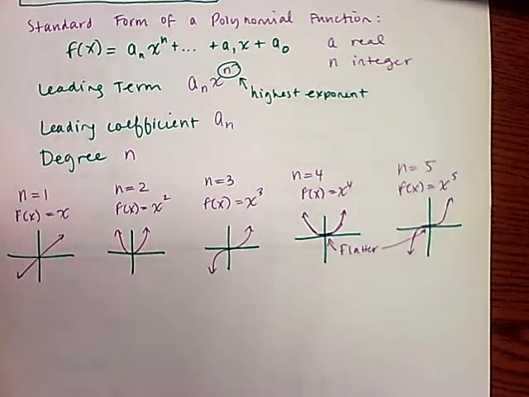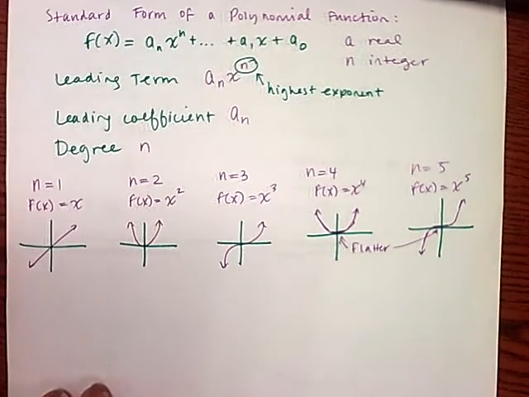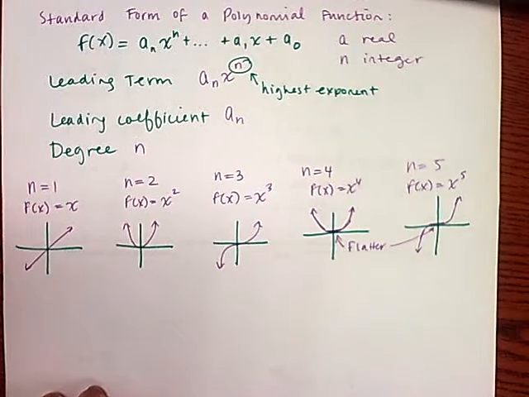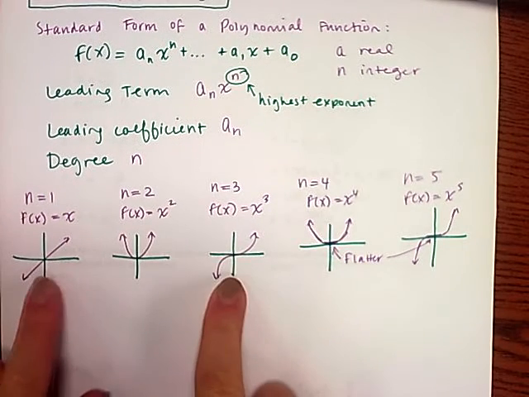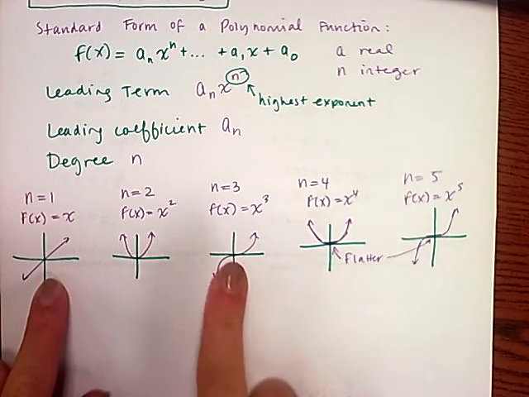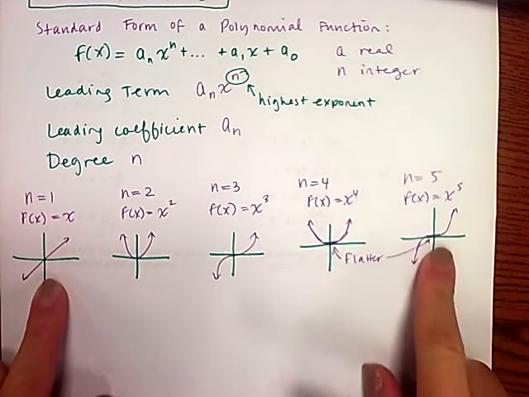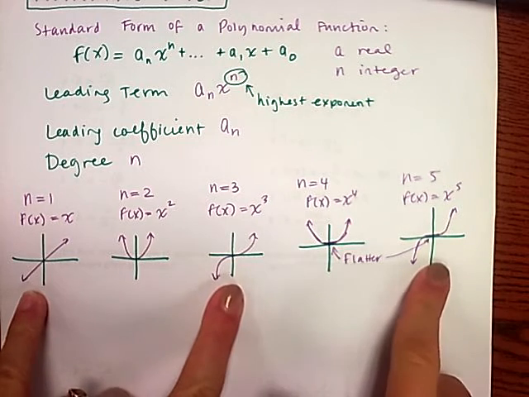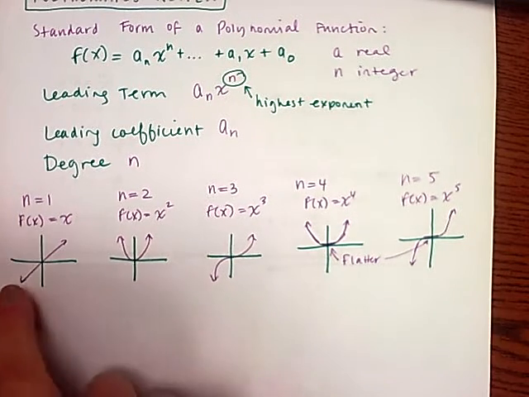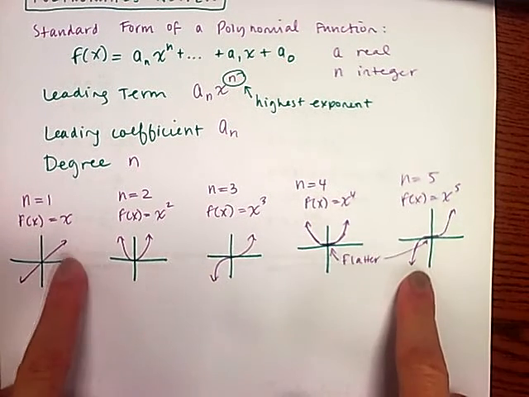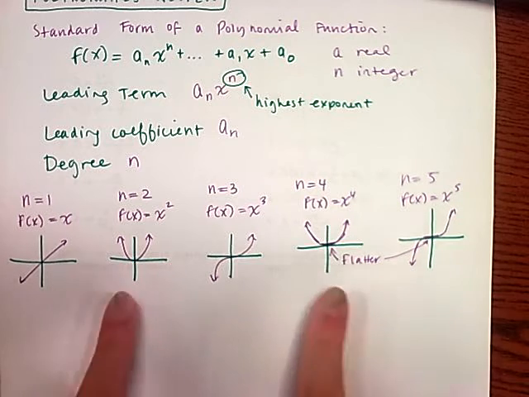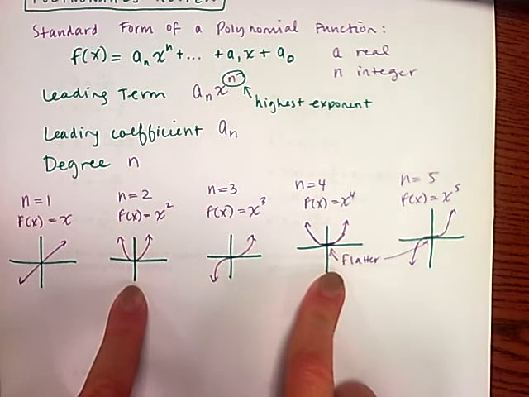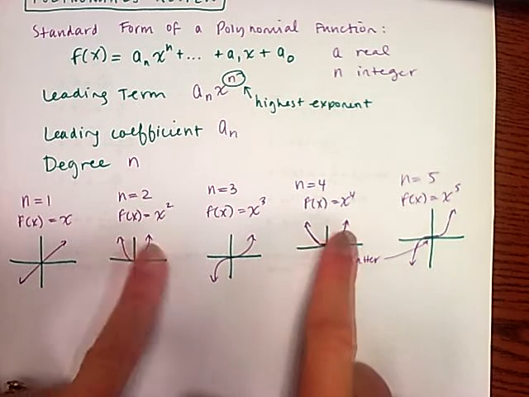And so this pattern continues, and what you'll notice is for all of the odd cases, so when n is 1, when n is 3, and when n is 5, when n is odd, we see on the left-hand side our functions going down, and on the right-hand side our functions going up. And for all of the values when n is even, we see it's going up on both ends.